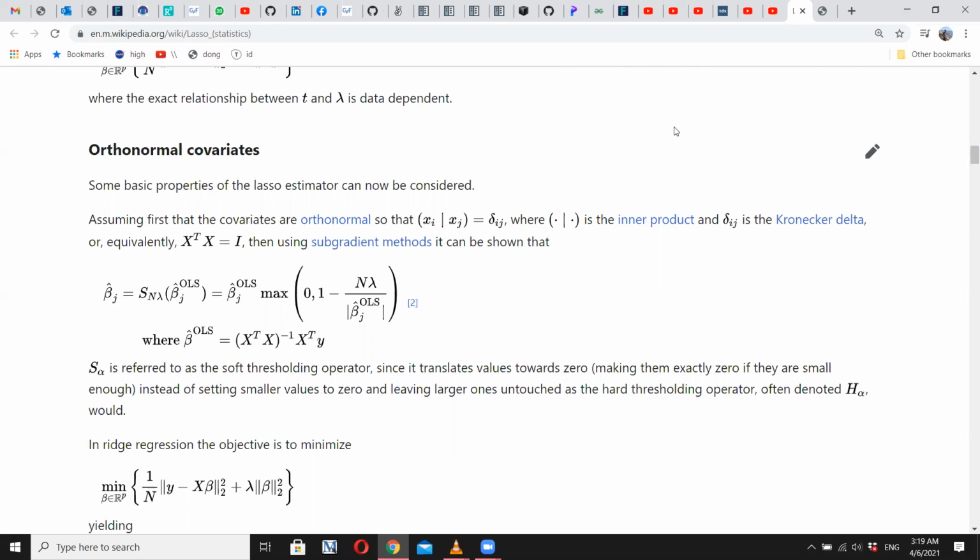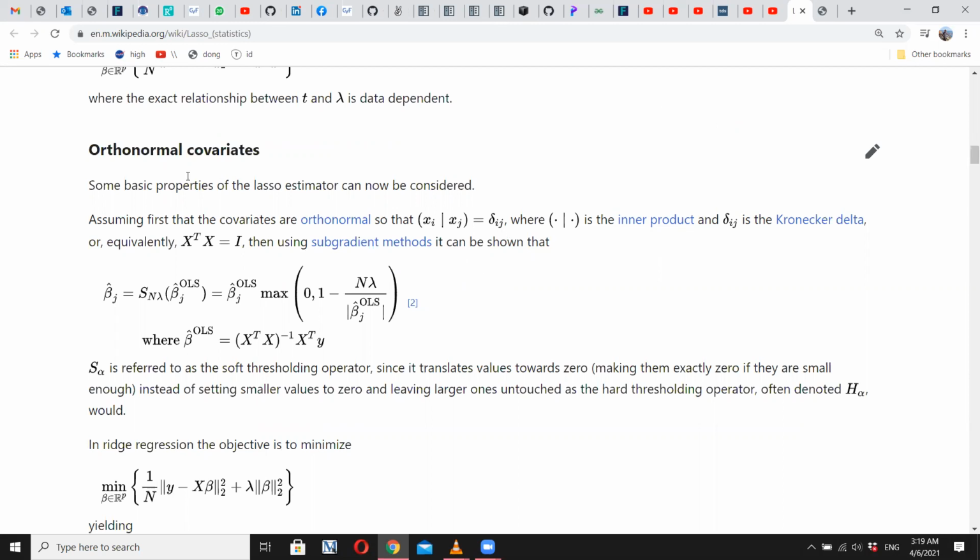That is to say that the first column should be orthogonal to the second column. Likewise, if you calculate the dot product of the first column with the third column, it should also be 0. But if you calculate the dot product of the first column with itself, then it should be equal to 1.